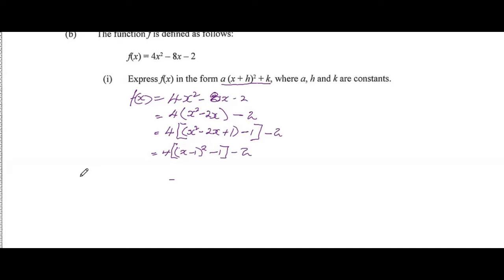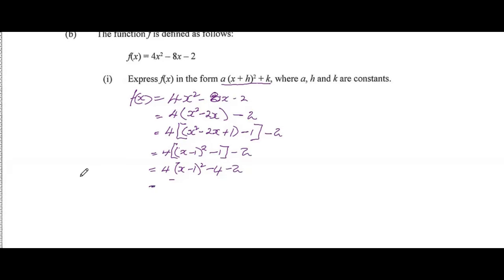Now we are going to remove the brackets. So it is 4 into x minus 1 all squared. Now this 4 multiplied by the negative 1 gives a negative 4, and we had a negative 2 there before.